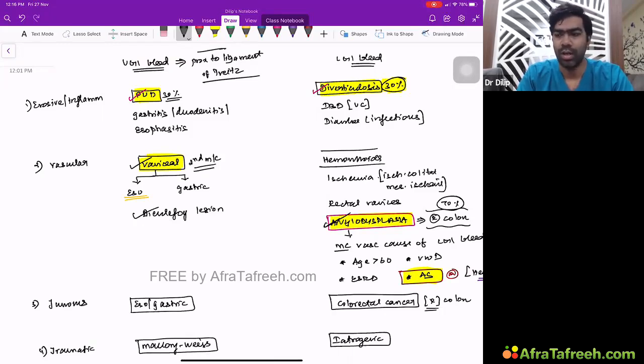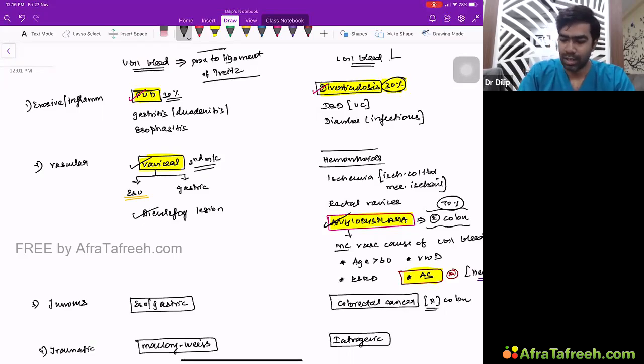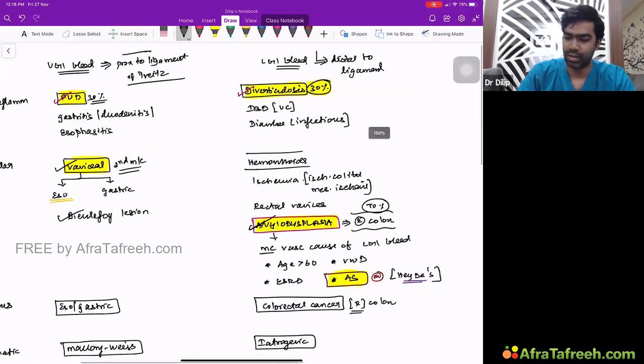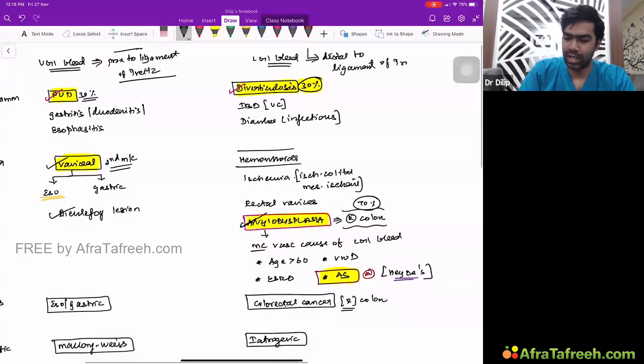That is the place where you define the location for the upper gastrointestinal bleed. If the bleeding is distal to the ligament of Treitz, present at the DJ flexure, then these bleedings will be typically referred to as lower gastrointestinal bleed.